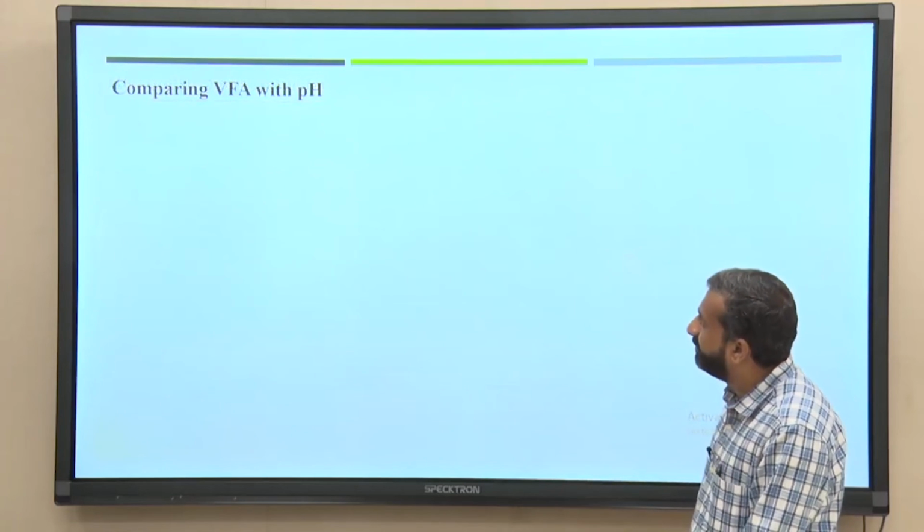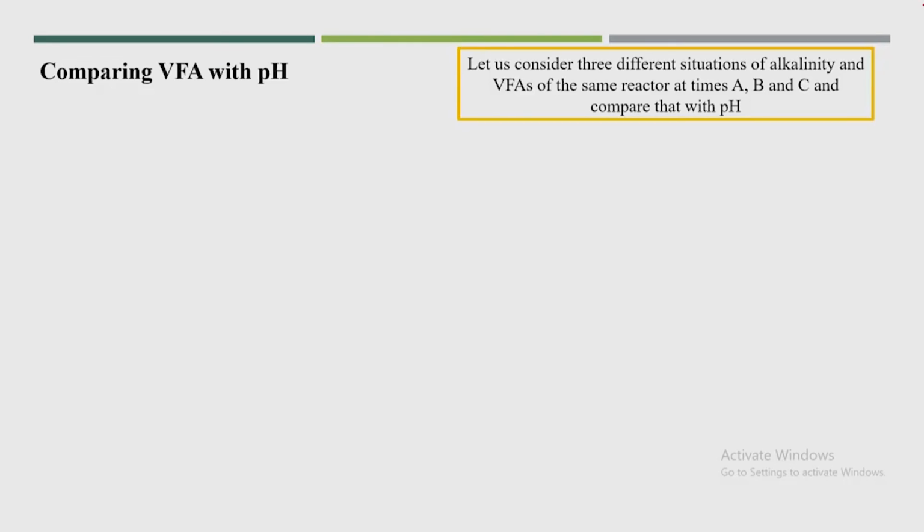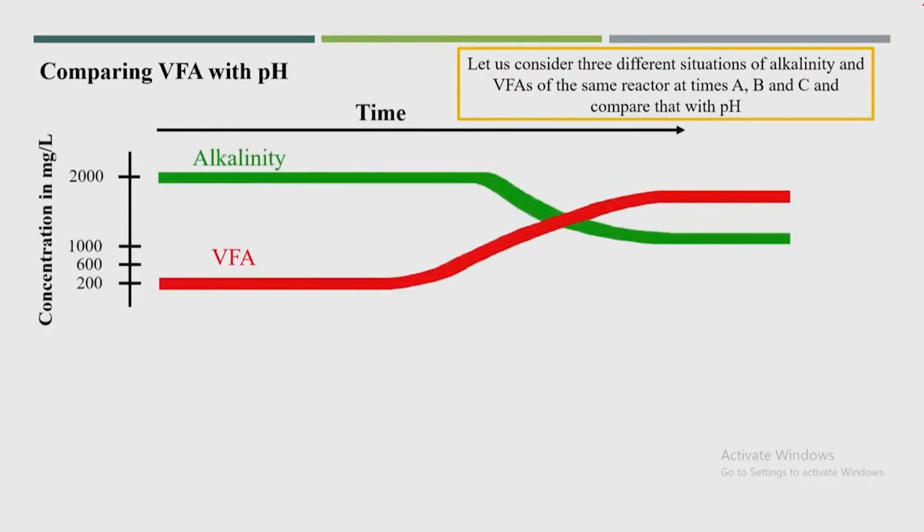And when you compare the VFA with pH, let us consider three different situations of alkalinity and VFA in the same reactor at times A, B and C, and then we will compare the pH of the reactor.